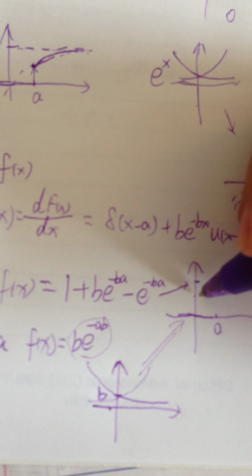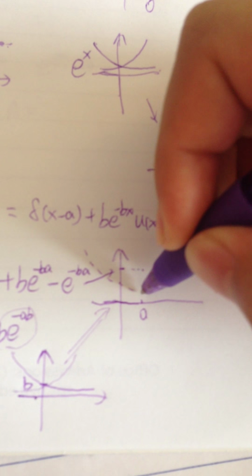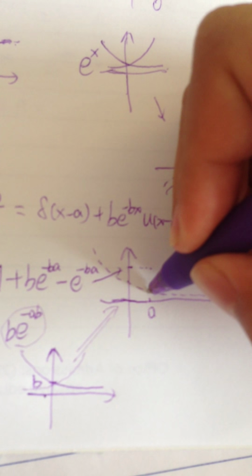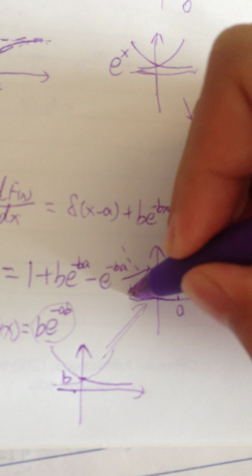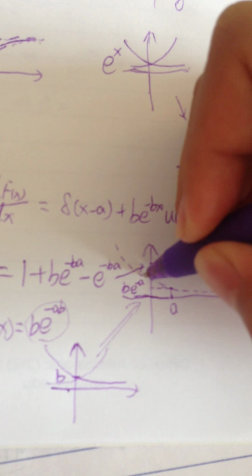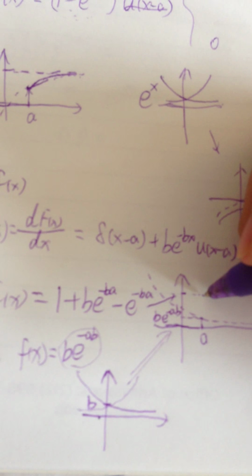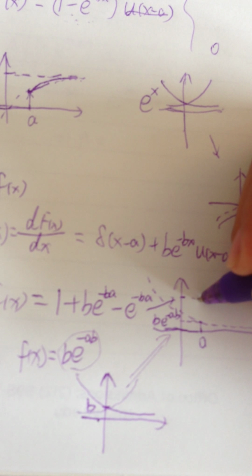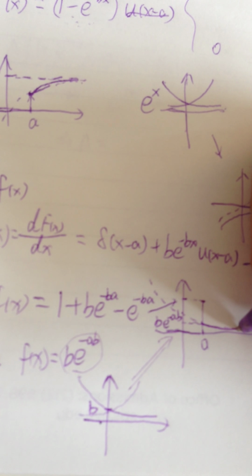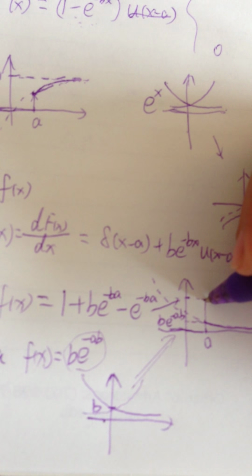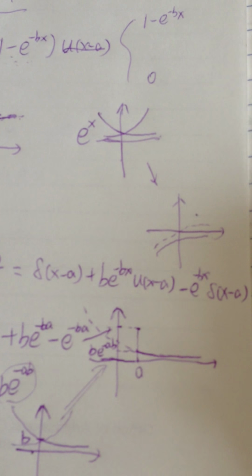It's just like this, and this point is b multiplied by e to the minus a b. So we have the plot of f of x like this. Till now we have got the solutions of the first question.